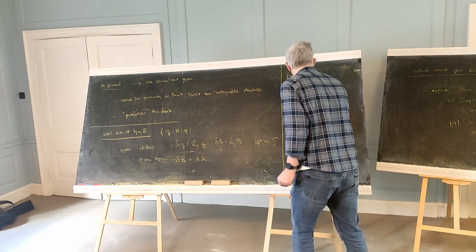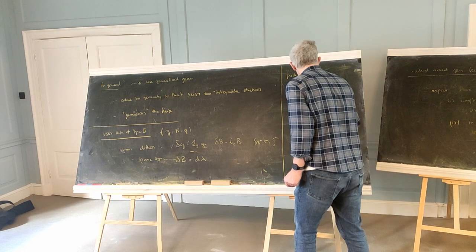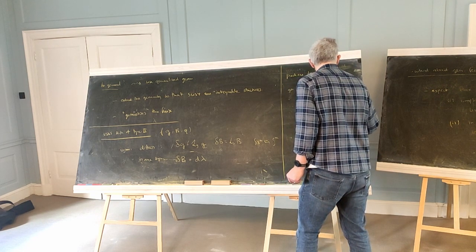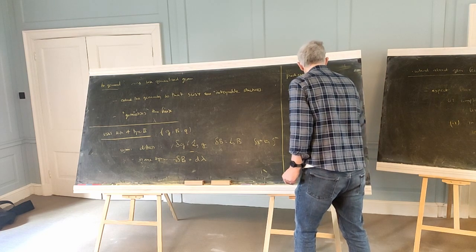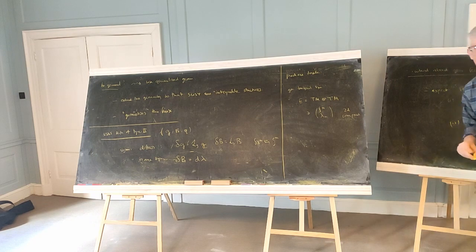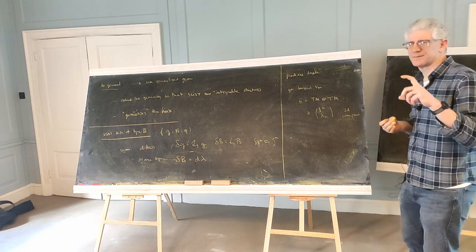So if I have an element here, I can think of it as a vector and a one form. So it's got 2D components. So I'm putting all my symmetries together into a single object.